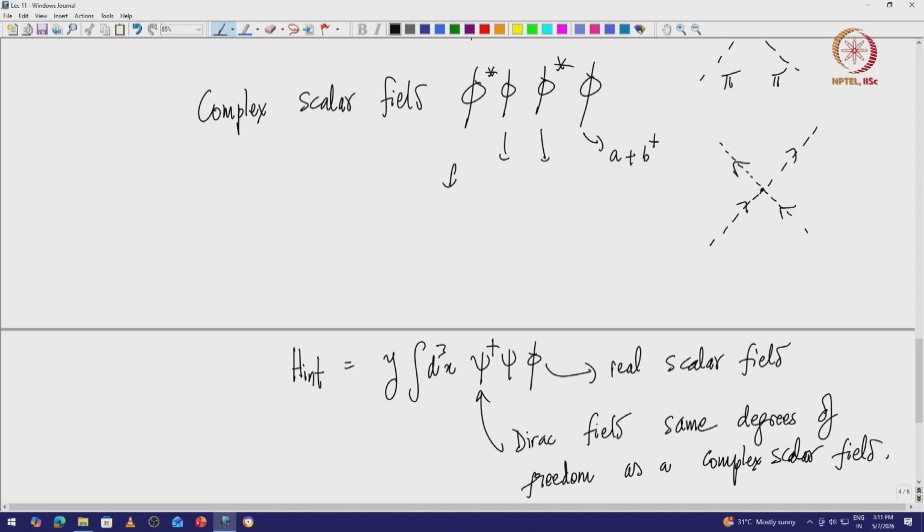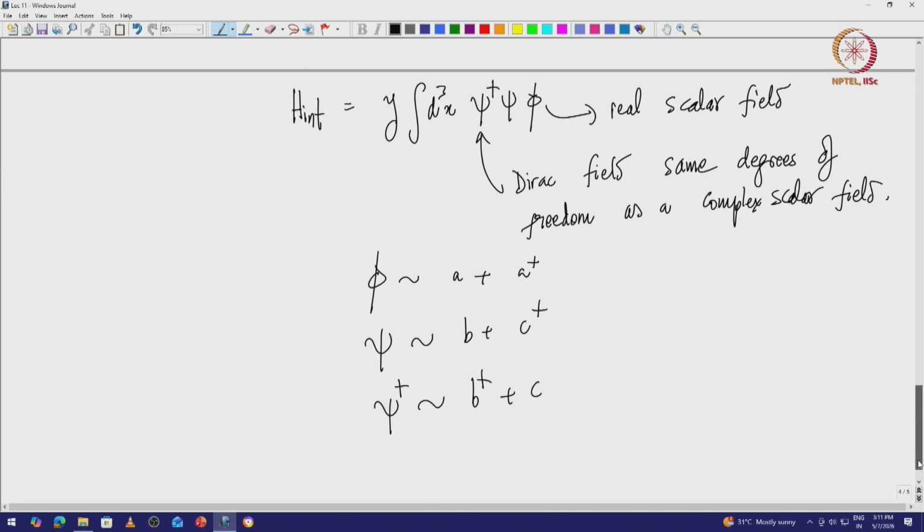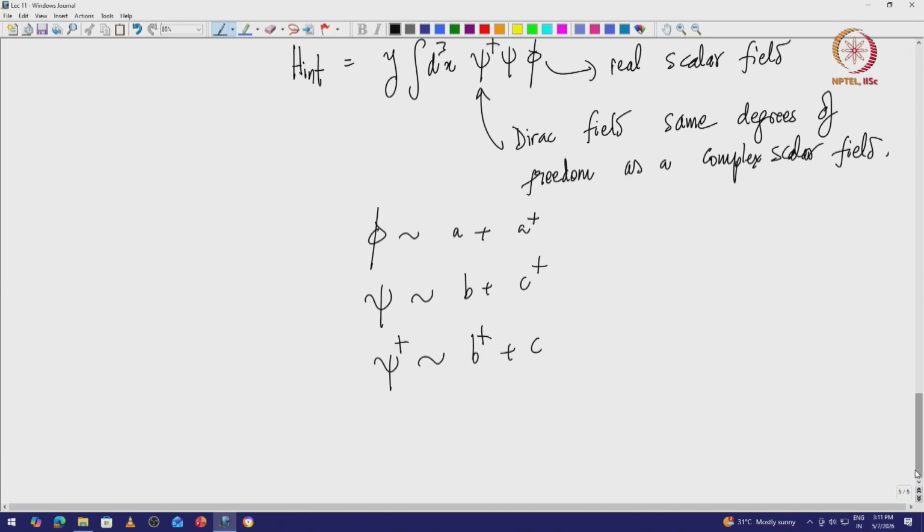A dagger plus B, A plus B dagger, A dagger plus B. So psi would be something like this, B dagger plus C. This Yukawa interaction is like a nucleon interaction with pions, essentially the nuclear force.